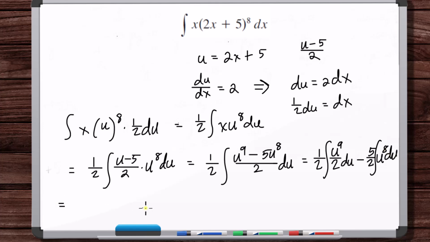All right, so it's 1/4 u to the 9th du minus 5/8 u to the 8th du.